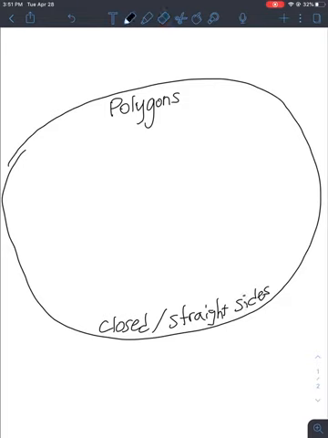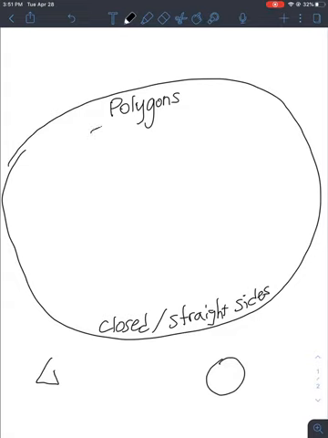Okay, so make sure you're copying this down because this is really important to remember the hierarchy. So outside of this circle would be shapes that are not closed, like this. Like that is not completing a circle. And then also shapes like circles, which do not have straight sides.